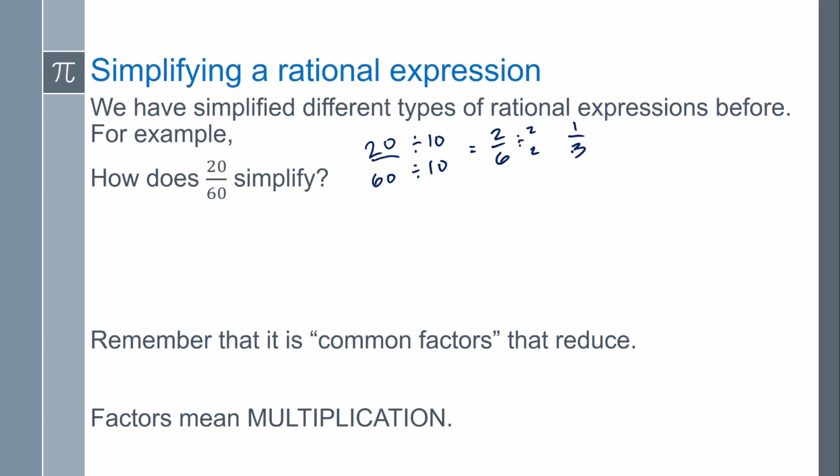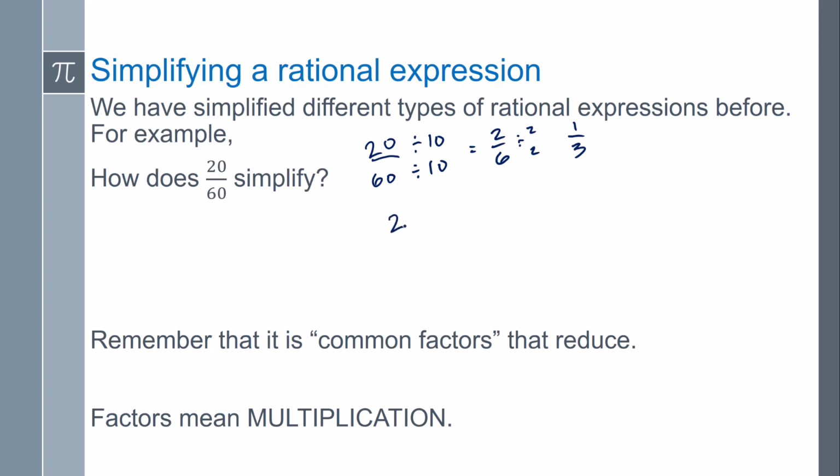The only time you can actually reduce is if you're reducing factors, and they have to be common factors, like the same factor on the top and the bottom. Now, what is a factor? A factor means multiplication. So if it's not being multiplied, you can't reduce it.